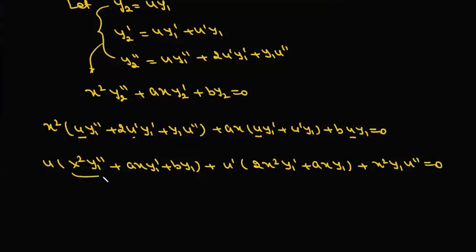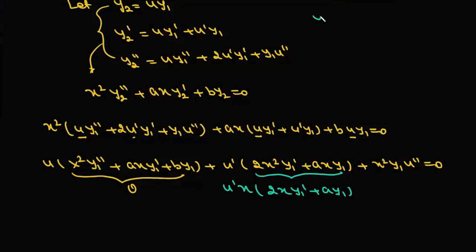Now we already know this is 0. Now for this second part, we'll take x common, so we can write u dash x and it'll be 2x y1 dash plus a y1. So now we know y1 is x to the power 1 minus a by 2. Now y1 dash will be 1 minus a by 2 times x to the power 1 minus a by 2 minus 1.